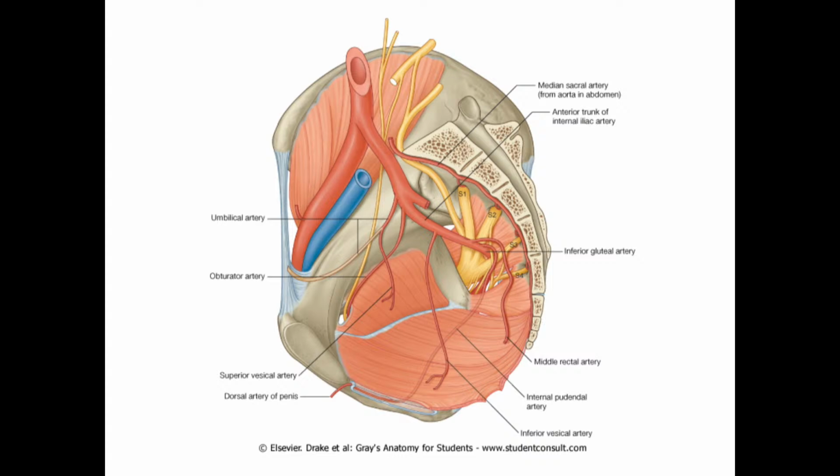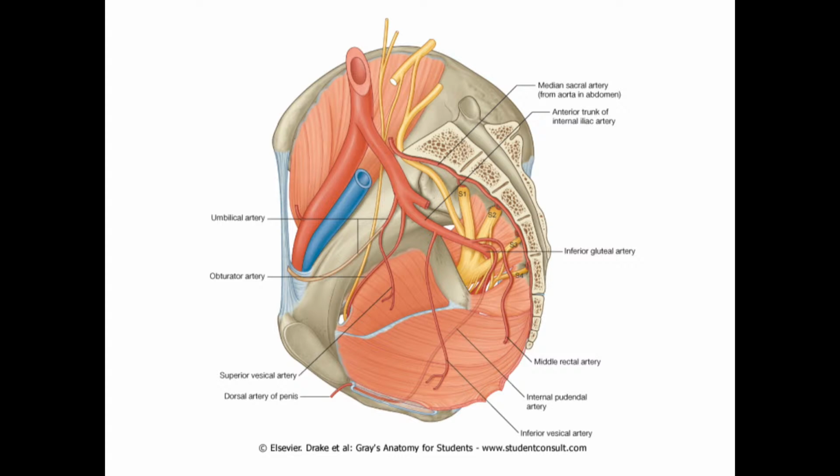The final topic for today will be the veins of the pelvic cavity. In the pelvic cavity, we have interconnected venous plexuses, mostly associated with the surface of the viscera. And in the pelvic cavity, we have the bladder, rectum, prostate, uterus, and vagina, right?